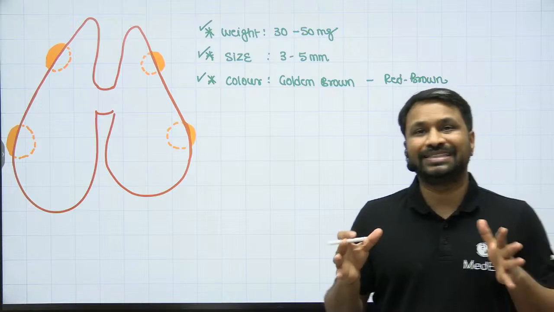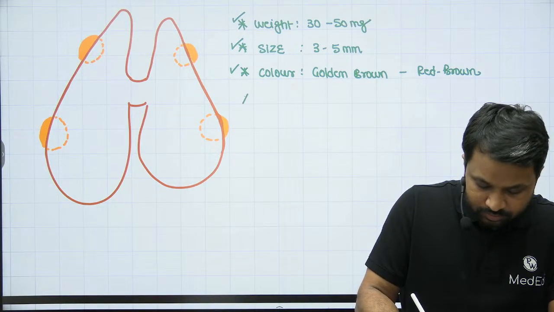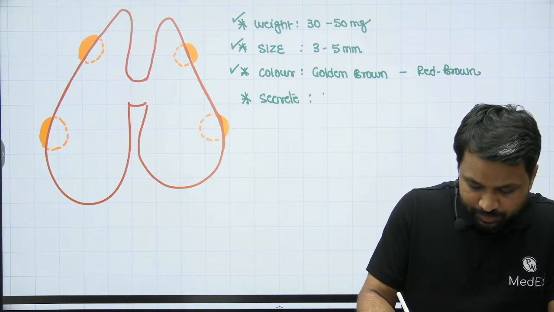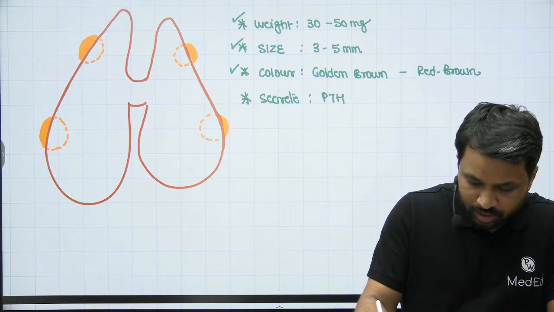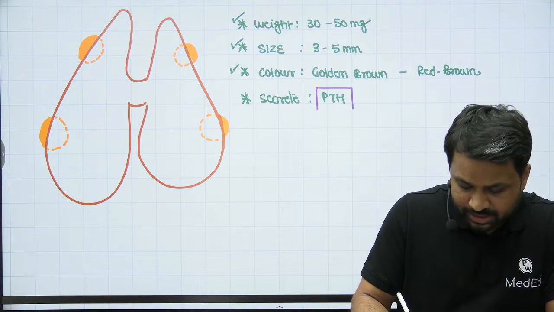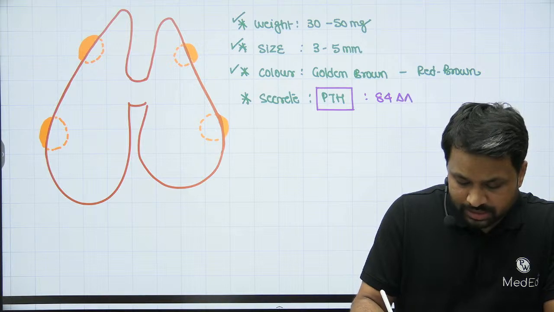Now, what is the basic function of the parathyroid hormone? They secrete the parathyroid hormone. One thing to remember is the total number of amino acids present in the parathyroid hormone: there are 84 amino acids.